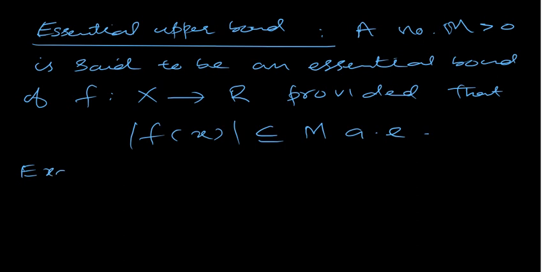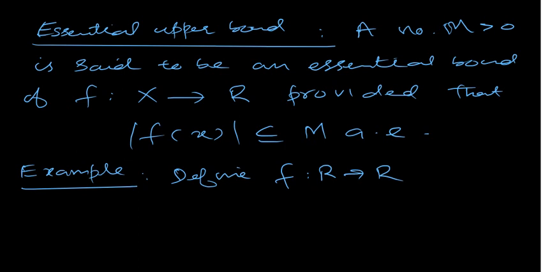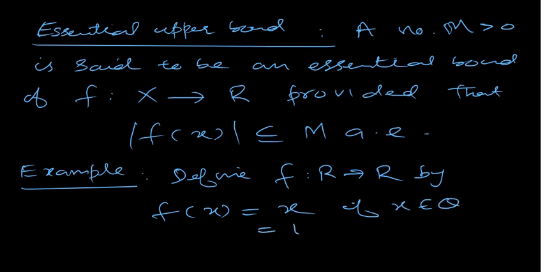Example. Define f from R to R by f of x equal to x if x is a rational number, and it's equal to 1, or you can take 2, 3, any fixed number, if x belongs to Q complement, x is an irrational number.